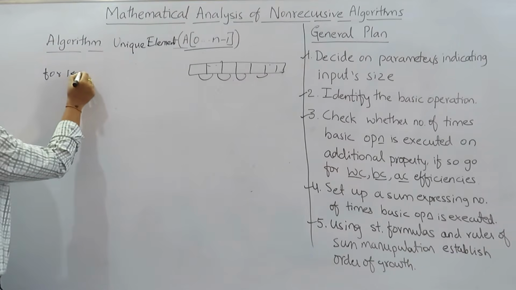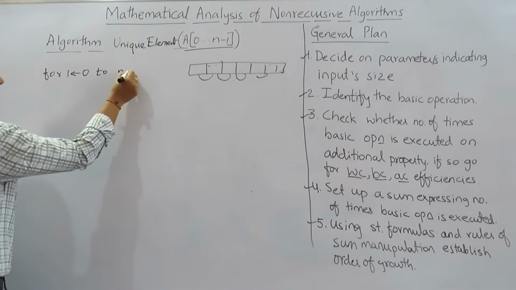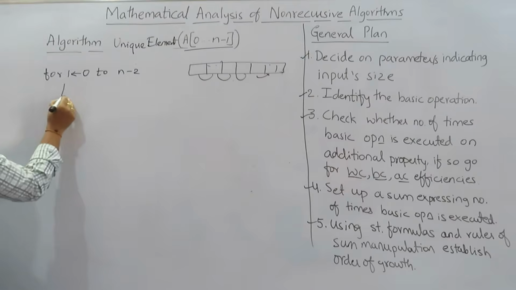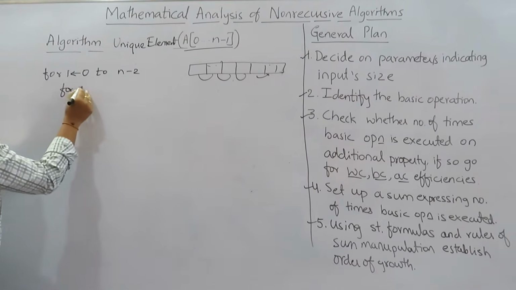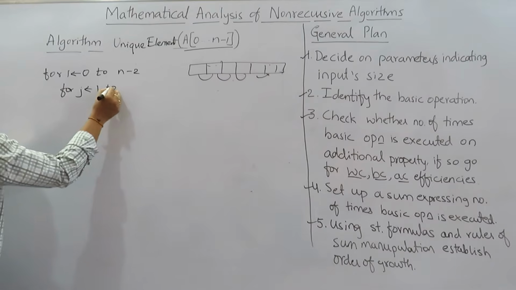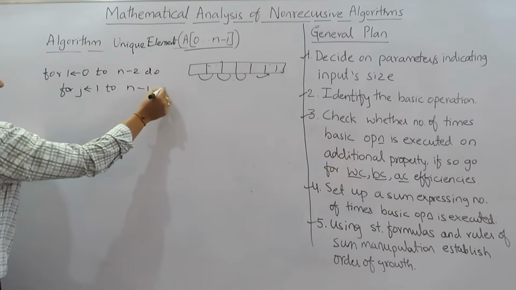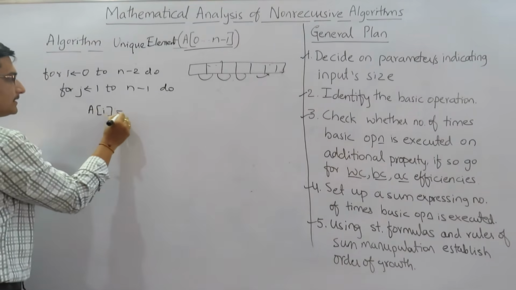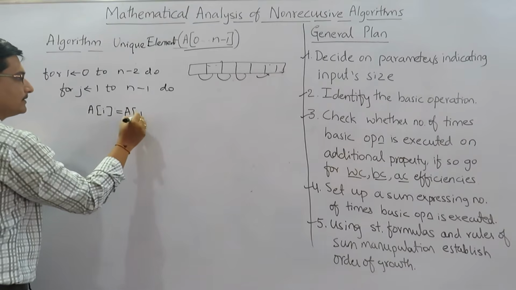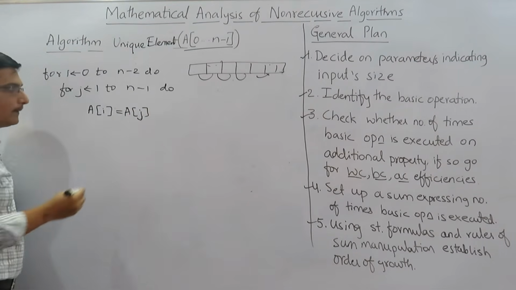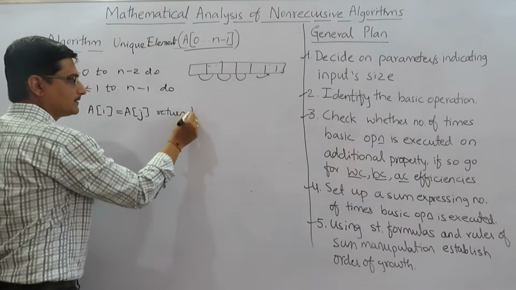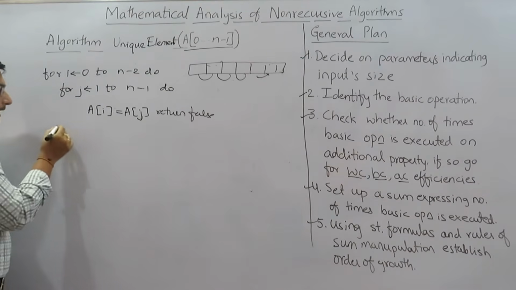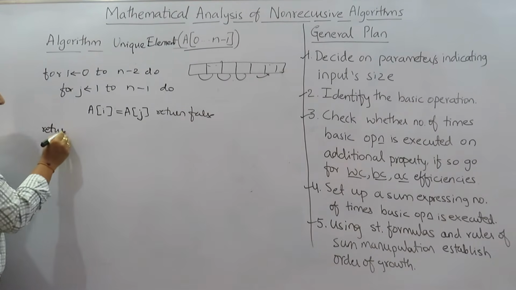Say for i equal to 0 to n minus 2, because we are going to stop here, the outer loop, and the inner loop, say for j equal to i plus 1 to n minus 1. We need to check whether a of i is equal to a of j. If so, then we are going to return false, because all the elements will not be distinct if these two are the same. Otherwise, we are going to return true.